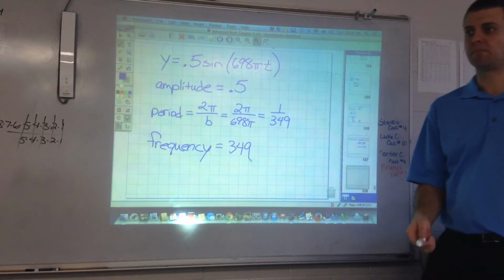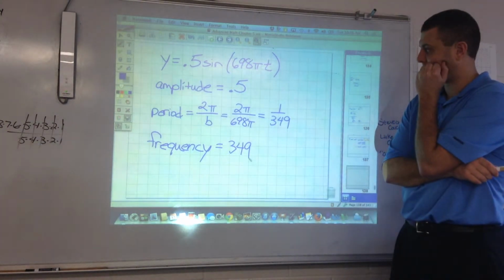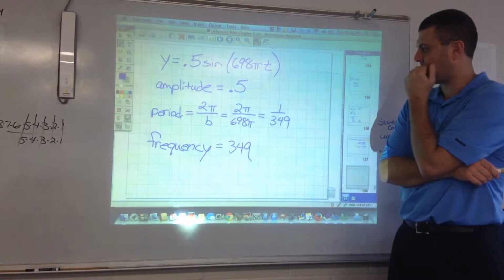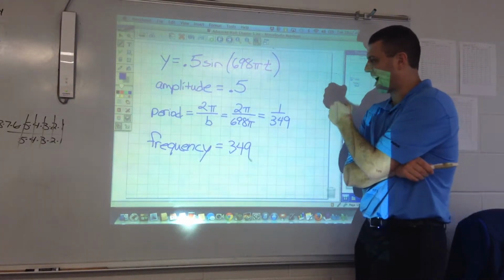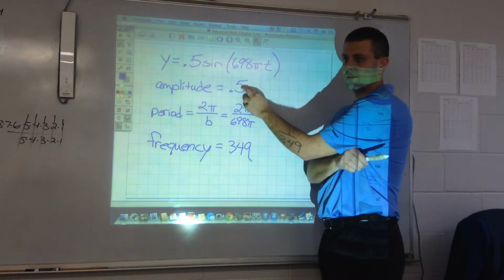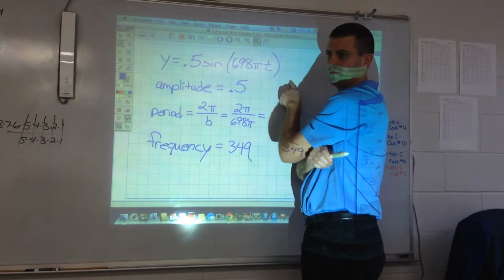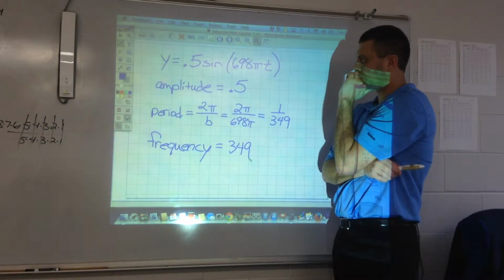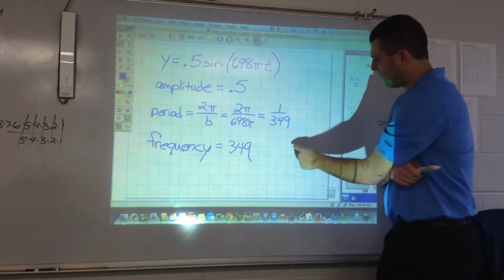If you gave us those three, would we be expected to write 698, or could we write 349, for the period? If I give you these, this is what I'd be looking for. You'd have to determine what the b value is.